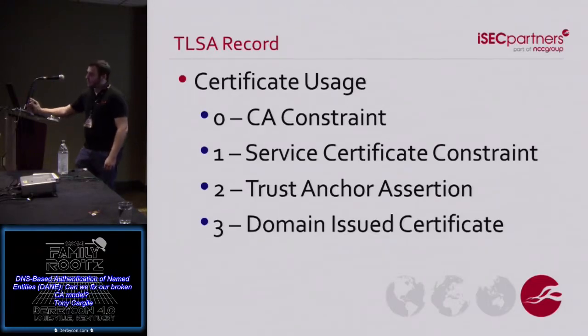And then 2 and 3 are similar to this. So 2, you're saying that somewhere in this chain, this certificate was used, but it doesn't have to validate PKIX. And 3 is you specify a certificate that has to be the one that signed the traffic, and that also doesn't have to validate PKIX.